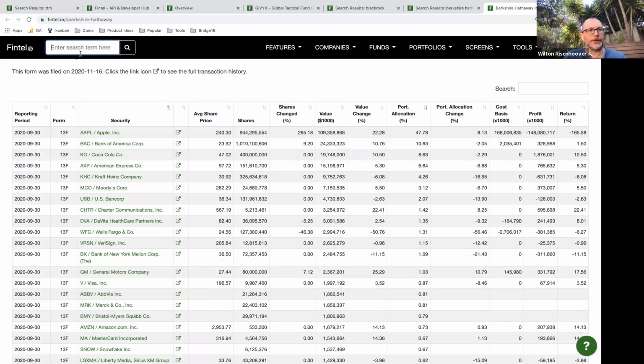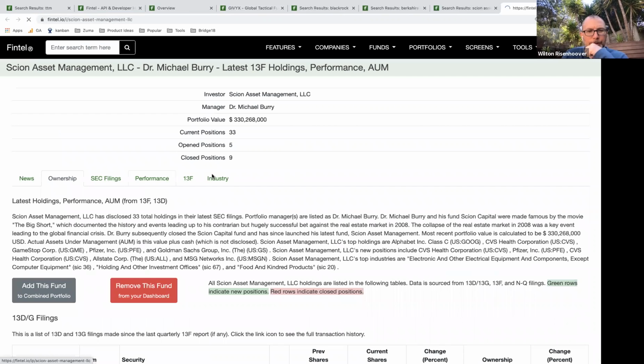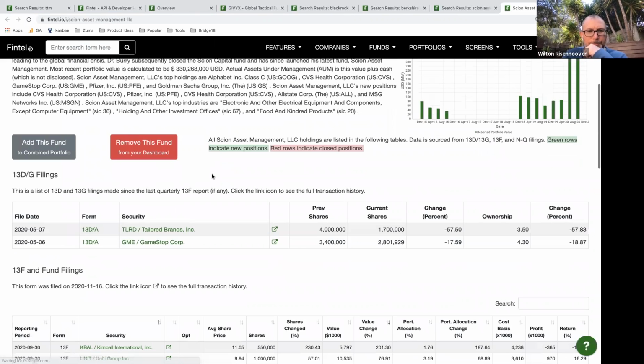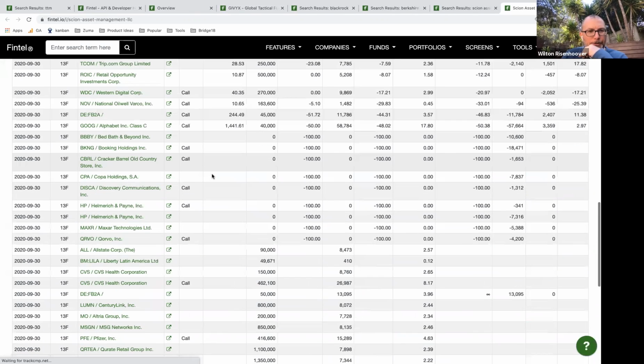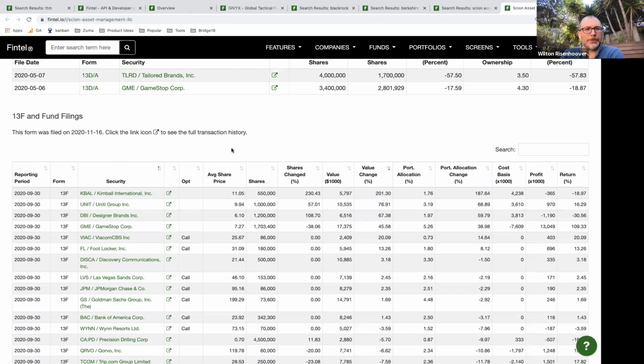If you want to look at the guy from The Big Short, Scion Asset Management, here's Dr. Michael Burry. Here are all of his positions right now. You can see that he's pretty stable. He hasn't been buying a lot of new stuff, but here's the entire list of positions that Michael Burry from The Big Short owns right now.